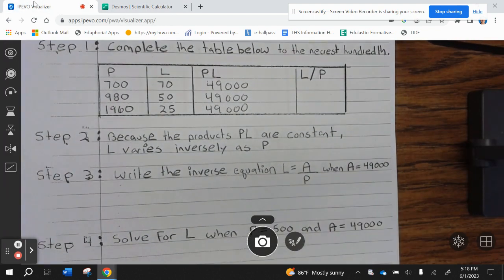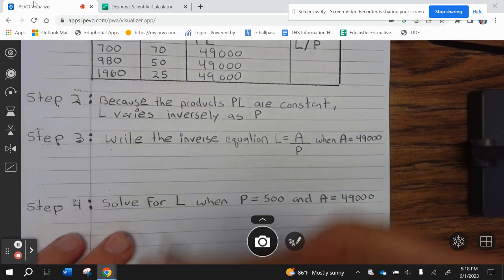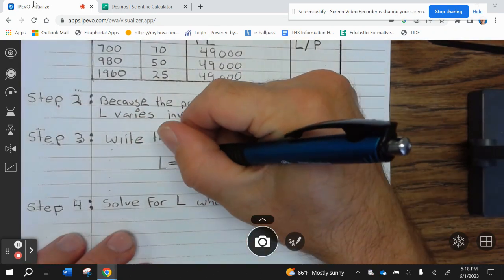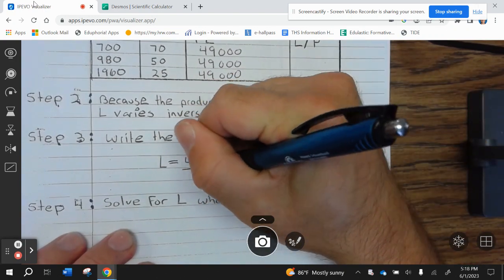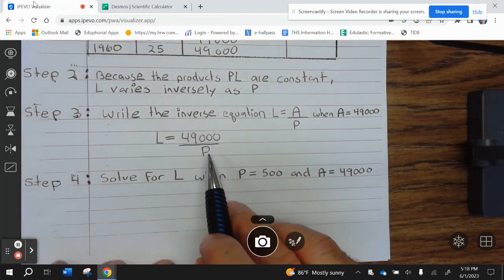Okay, because the products PL are constant, L varies inversely as P. Write the inverse equation. So we know that L equals the A value is 49,000 divided by P. Now step 4, we know P is 500, so we're going to divide 49,000 by 500.